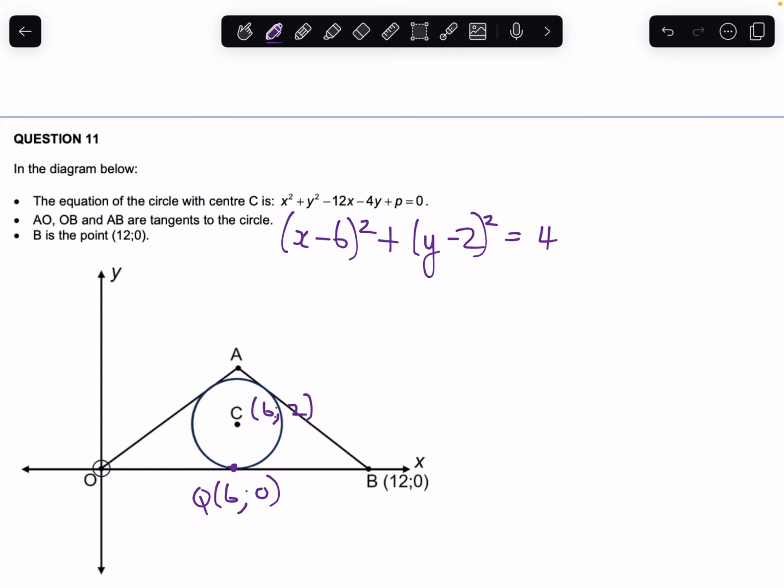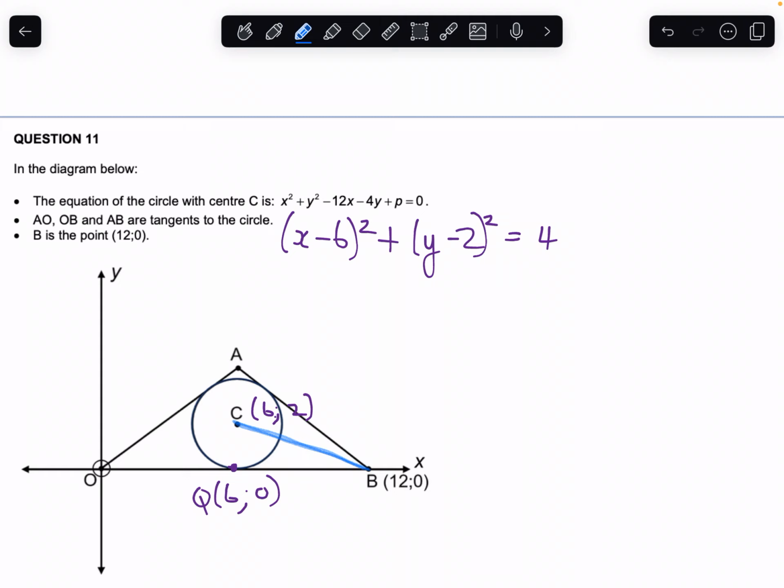I think that's pretty much it. Anyway, right. So what they did is, draw CB. Okay, so we have drawn CB.